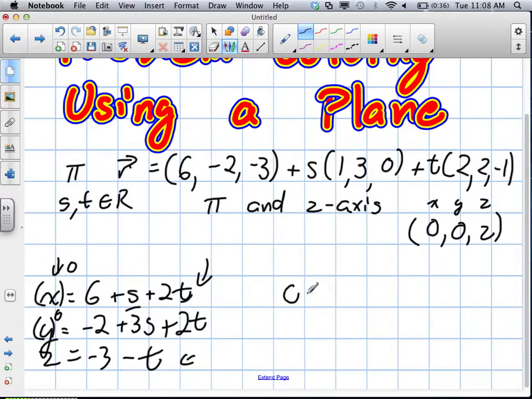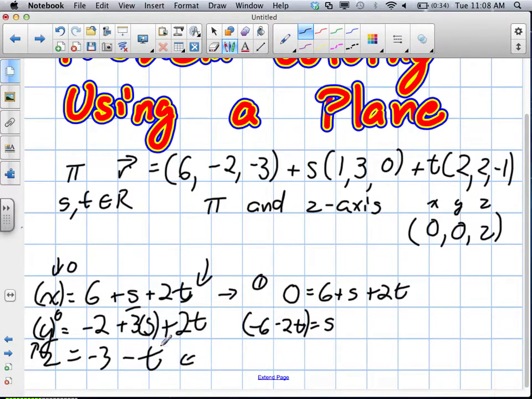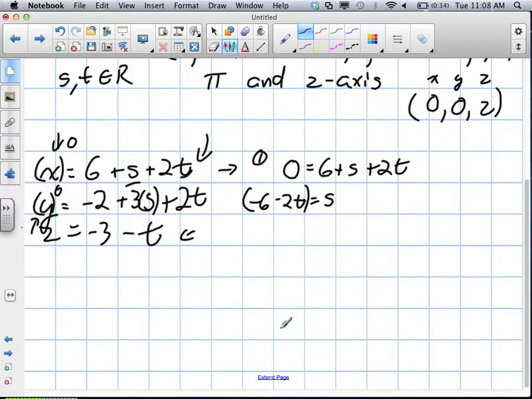So, 0 is equal to 6 plus s plus 2t. This is our equation 1. So in this case, that means s is equal to negative 6 minus 2t. We're going to take that and look at equation y and plug that in for our s value in equation y.